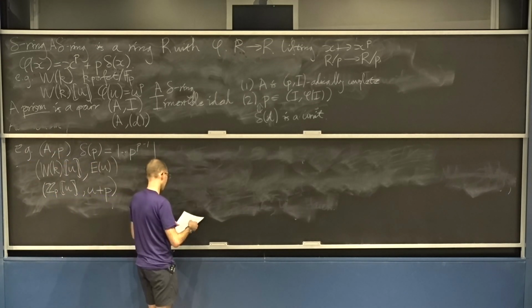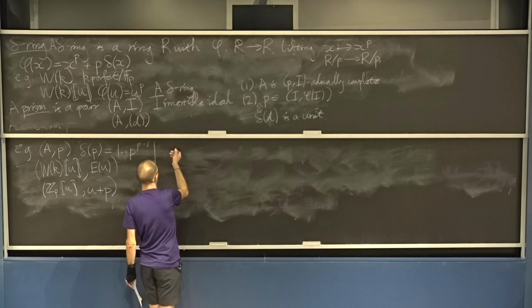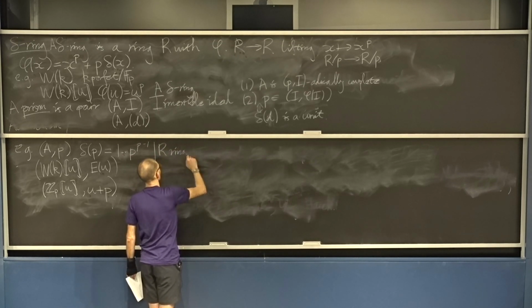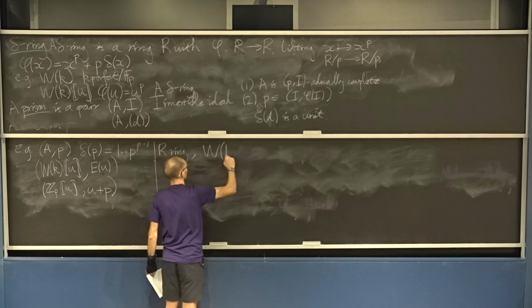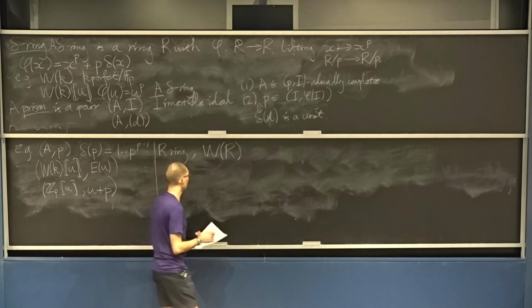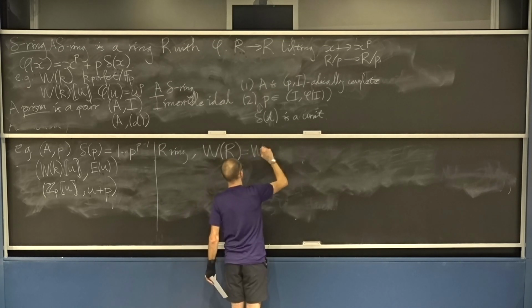But now you want to consider the Witt vectors of just any commutative ring. So all my rings are commutative. R is a ring, and then you can always form the so-called p-typical Witt vectors. For me, that's the only kind of Witt vectors.